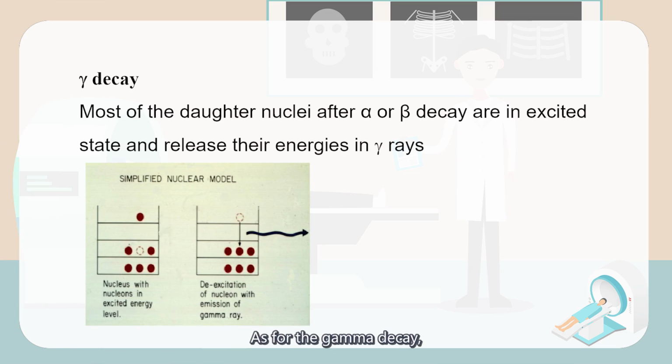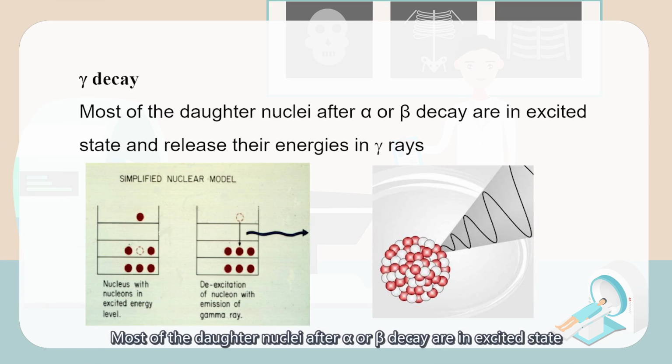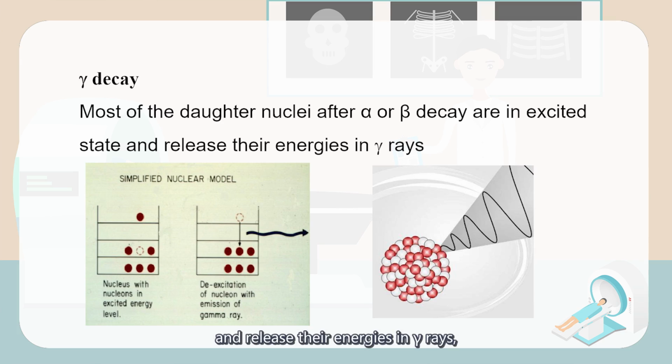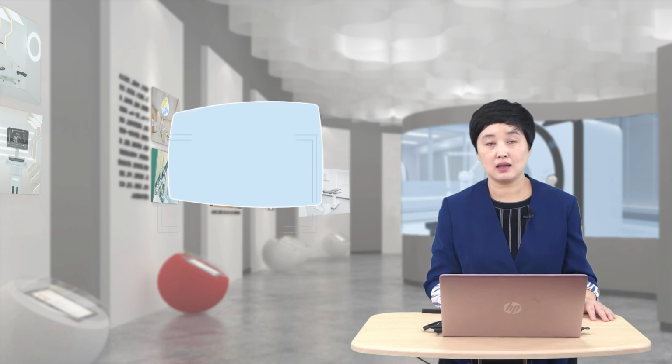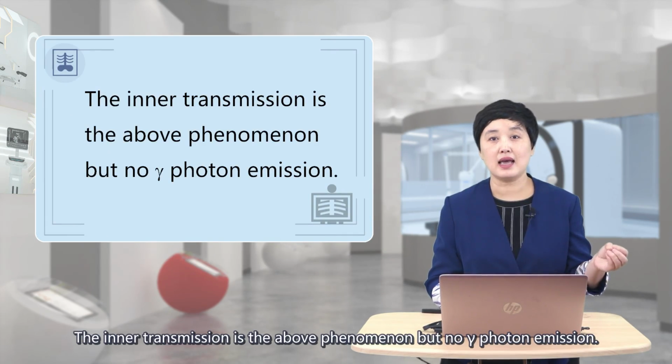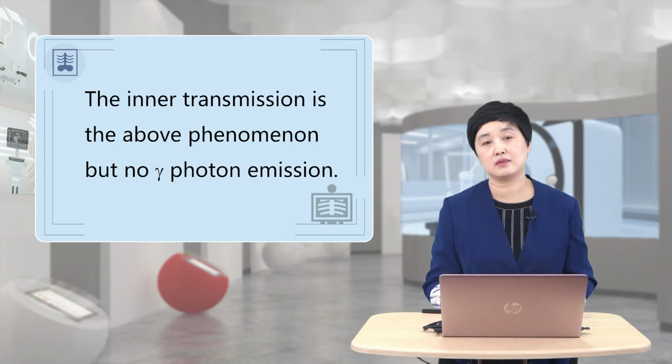As for gamma decay, most of the daughter nuclei after alpha or beta decay are in an excited state, so they release their energies as gamma rays and then stay in the ground state. This phenomenon is called gamma decay. In this process, a gamma photon is emitted. Internal conversion is the above phenomenon, but with no gamma photon emission.